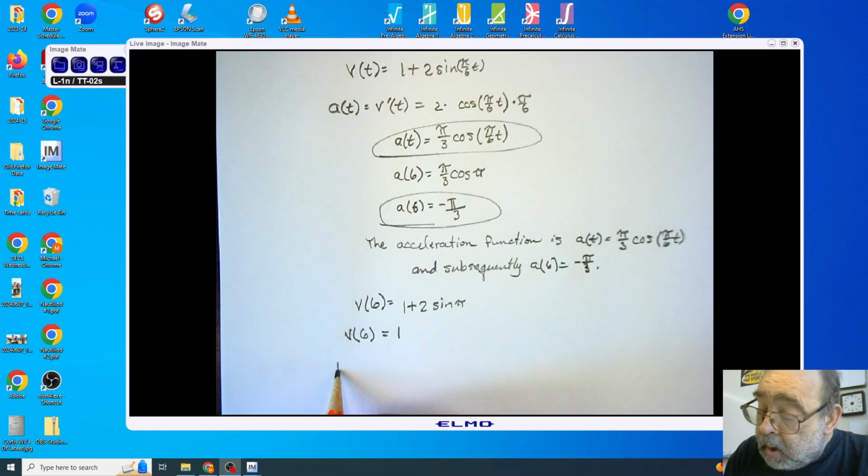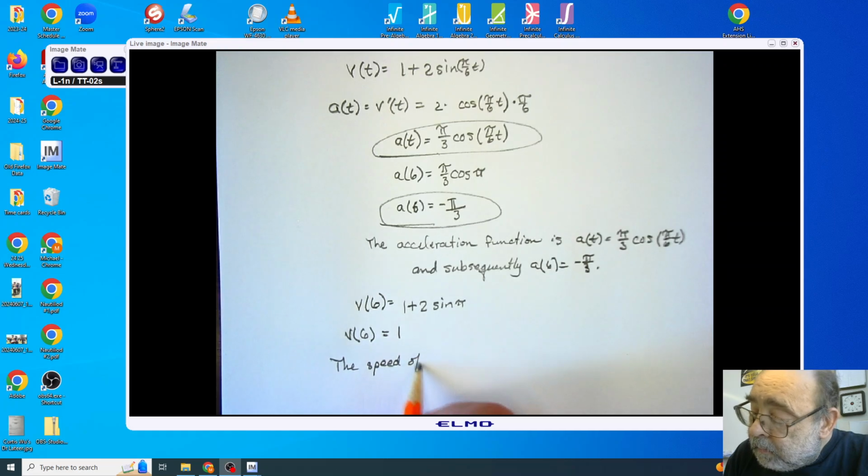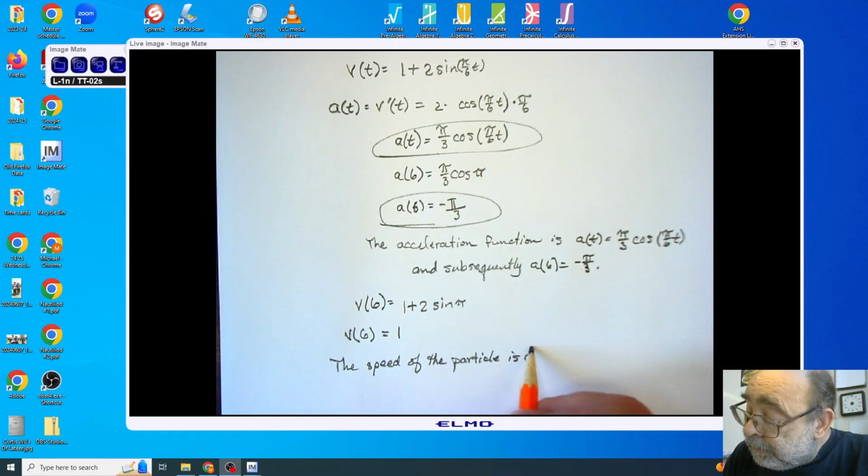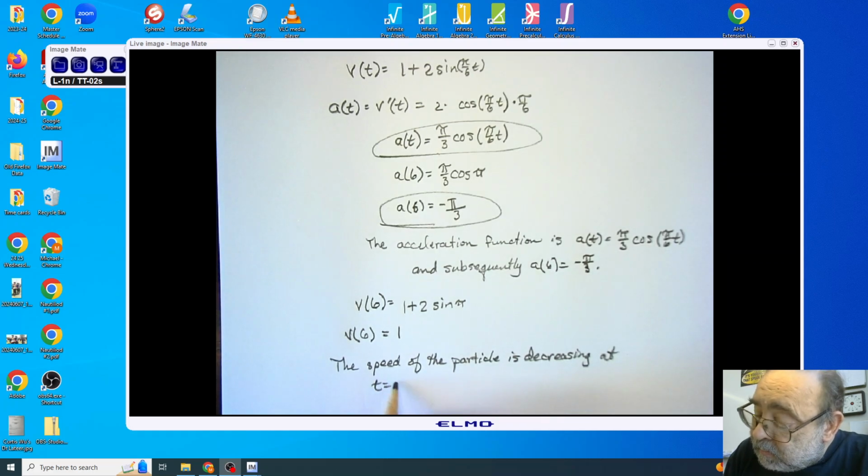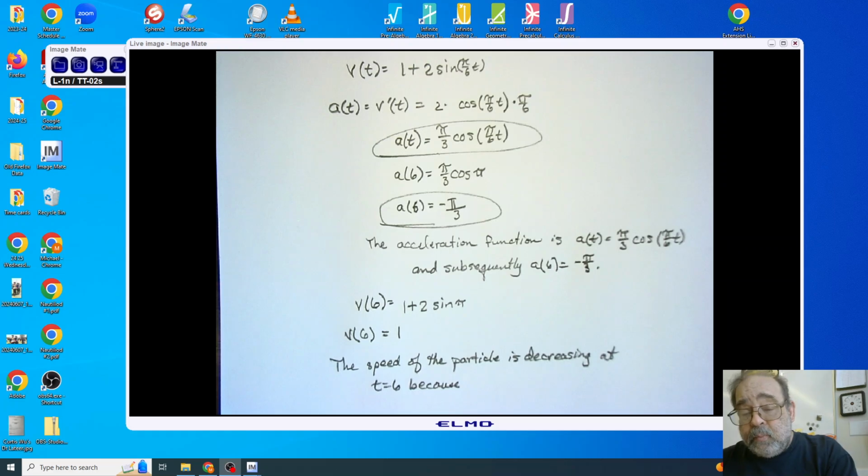So here we go. The speed of the particle is decreasing at t equals 6 because. Now I like to be very, very specific. I like to make sure that when the reader is reading my work, they know exactly what's happening. So I'm going to put a little bit more than I might need to.